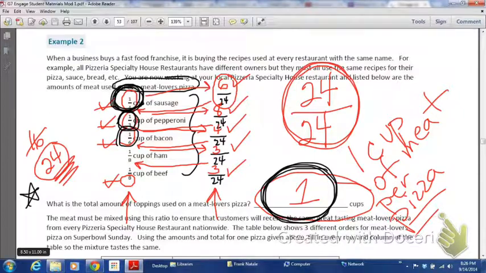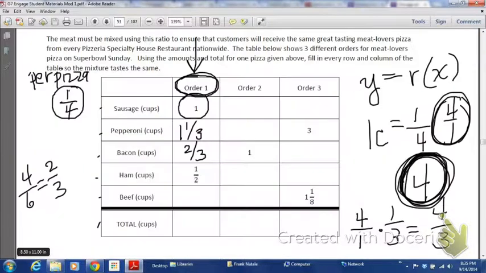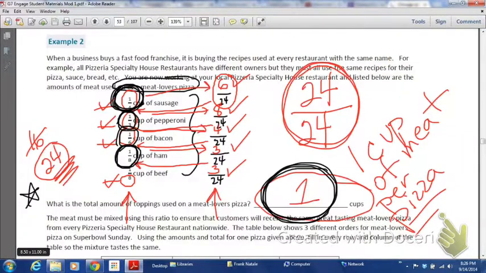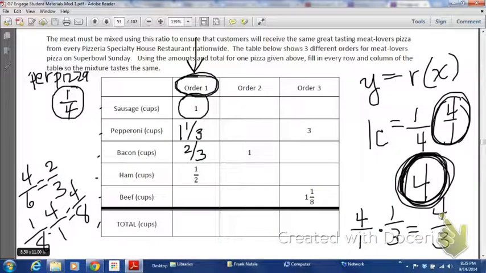So ham for one pizza is 1/8. And if we multiplied 1/8 by 4, we get 4 over 8, which is the same as 1/2, which we already have here. And beef, as we know, is the same as ham. It's also 1/8 per pizza, and that would be 1/2 as well.